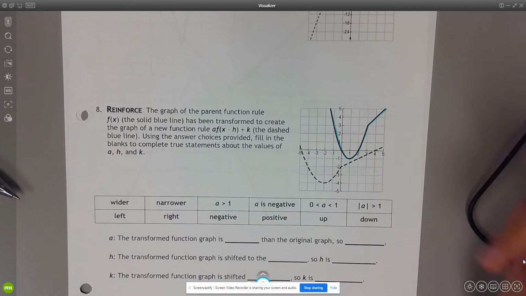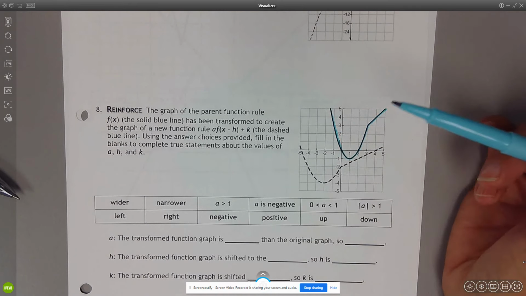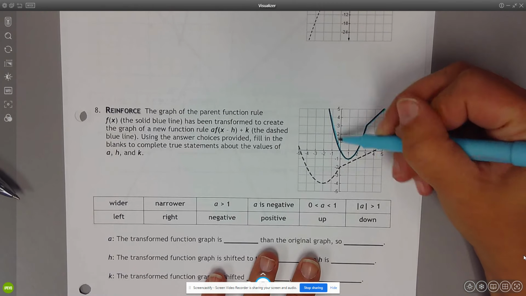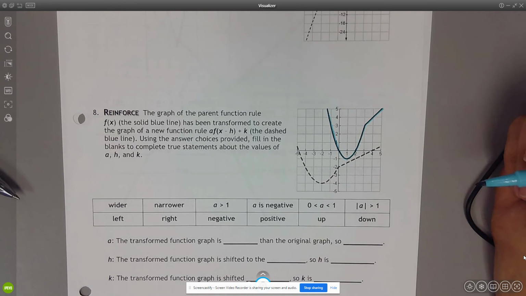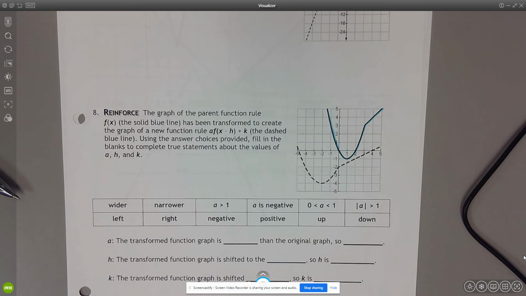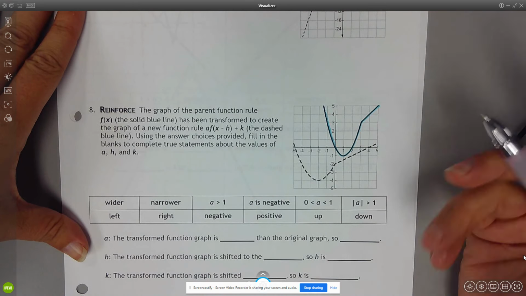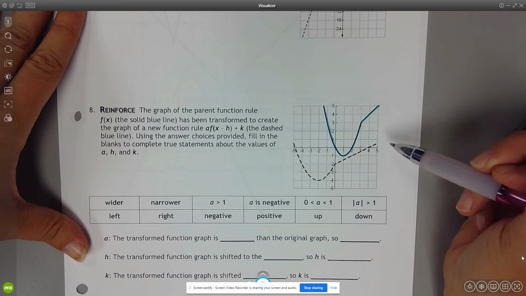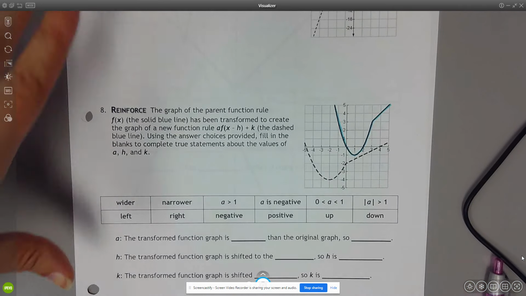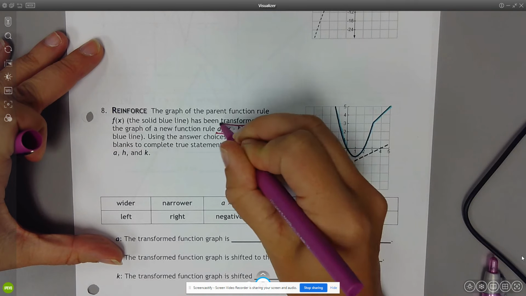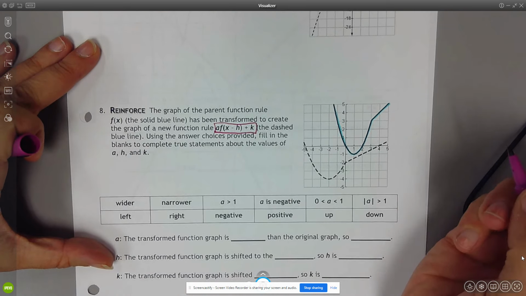Okay. So, looking at number 8, it says the graph of the parent function rule, f of x, which is our solid blue line. I've gone ahead and drawn over that line so that you can see it. It has been transformed to create the new function a of f of x minus h plus k, and that is our dashed line. Now, I don't like how Agile Minds uses a of f of x.